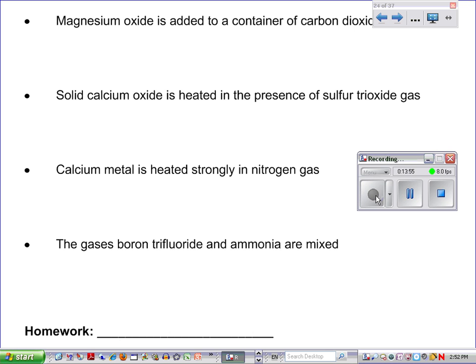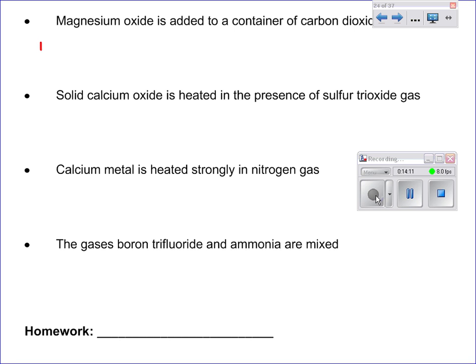So our first example, magnesium oxide. Yikes. Magnesium oxide is added to carbon dioxide. What do you think we do? Uh-oh, they're oxides. They're weird. So what are we adding? What's magnesium oxide? Yeah, it's MgO, but what is it? A fake base. Plus CO2, what's that?